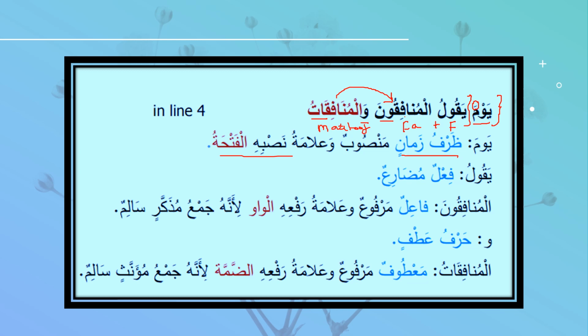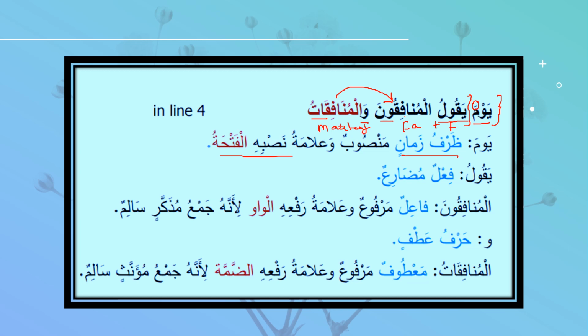Because it's a rule in Arabic that when you start a sentence and there are plural doers, you cannot use a plural form of fi'l. You have to use a singular fi'l when you start the Arabic sentence. So that's why yaqulu, singular male, has been used here.